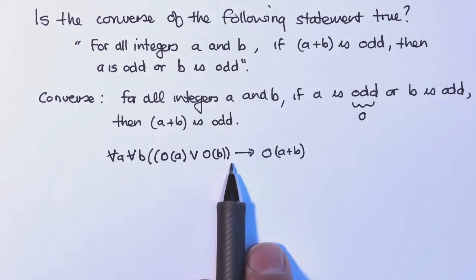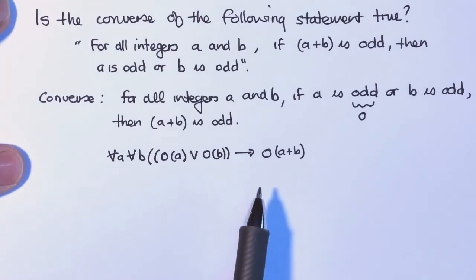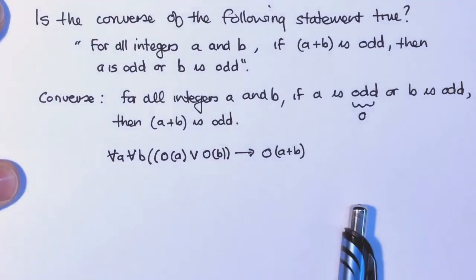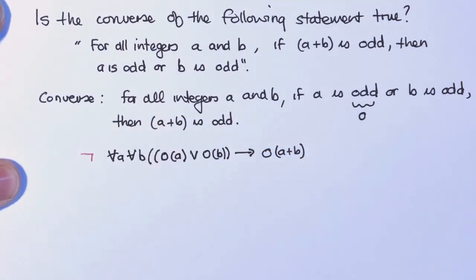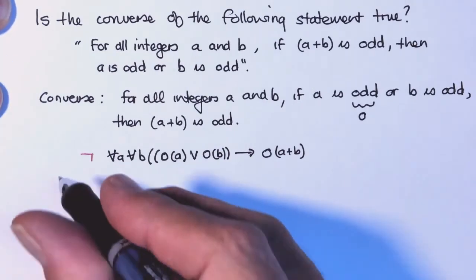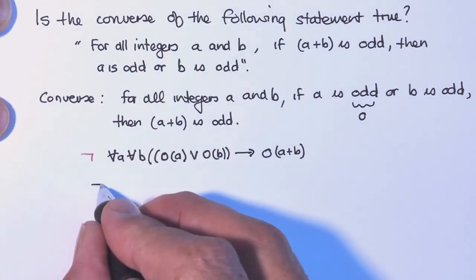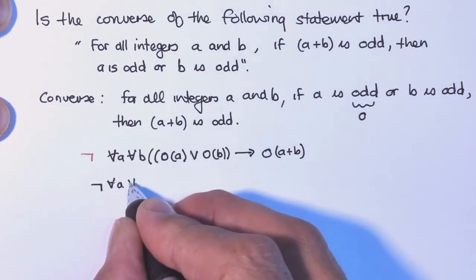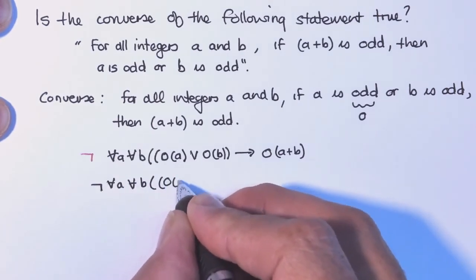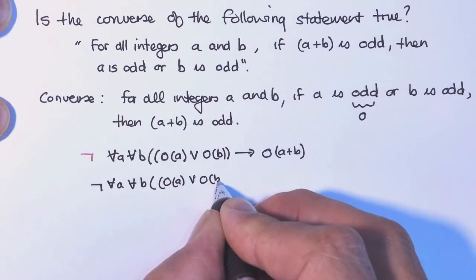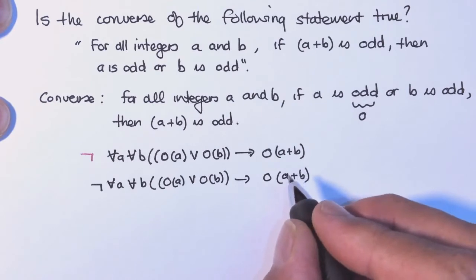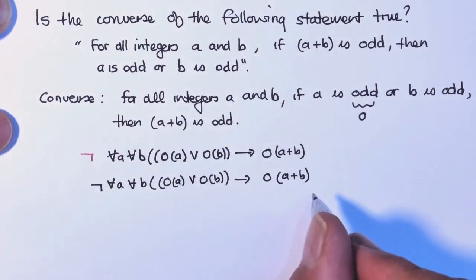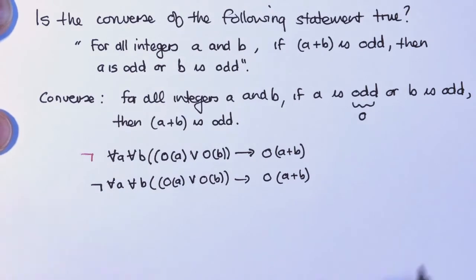We want to prove the negation of this statement. Now let's see how that works. To prove the negation of for all a and for all b, if a is odd or b is odd, then the whole sum a plus b will be odd, we use the rules from our previous sections.